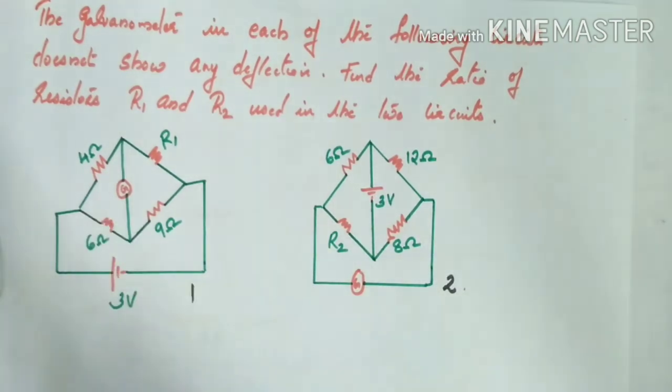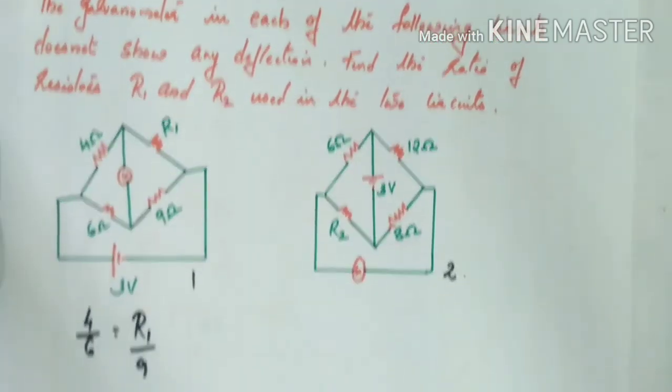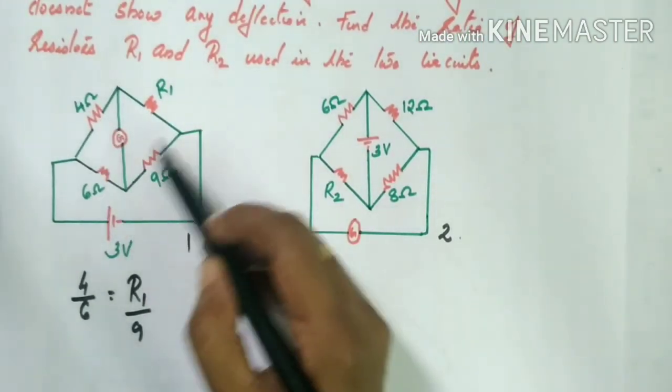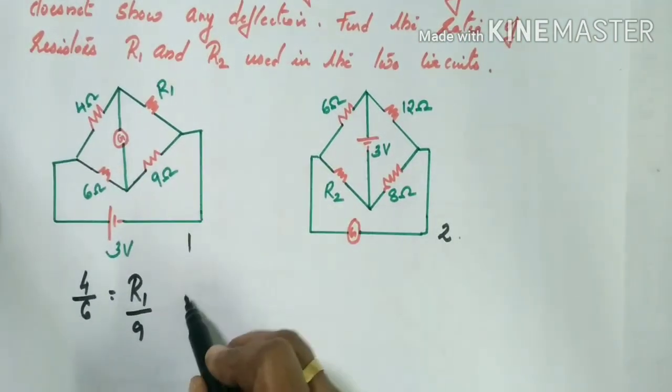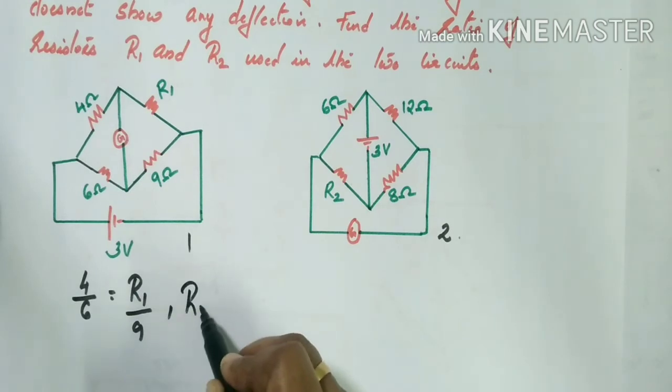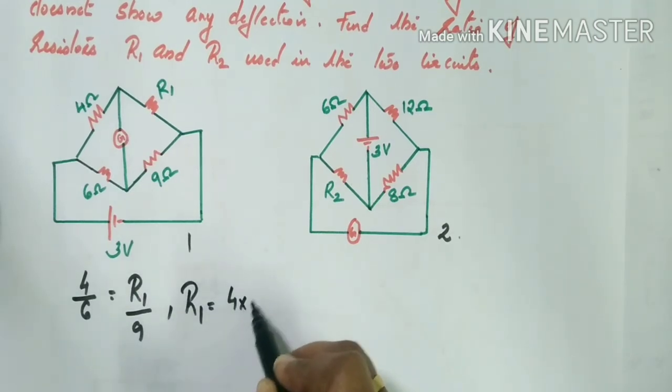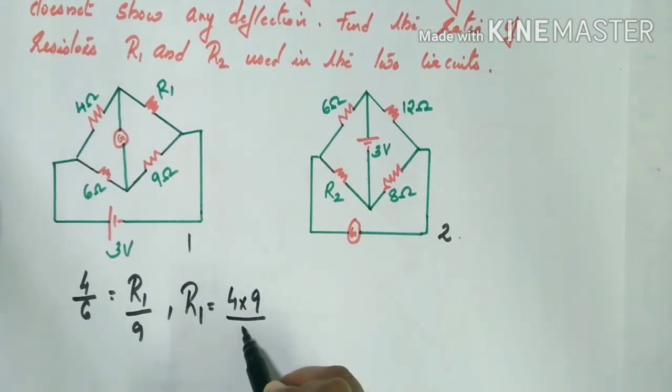In the first case, the balance condition is 4 by 6 equals R1 divided by 9. From this, R1 equals 4 into 9 divided by 6. Okay children, so it is equal to 6 ohm.